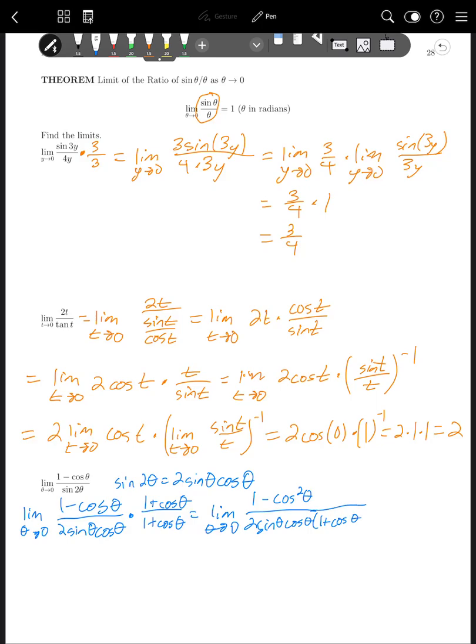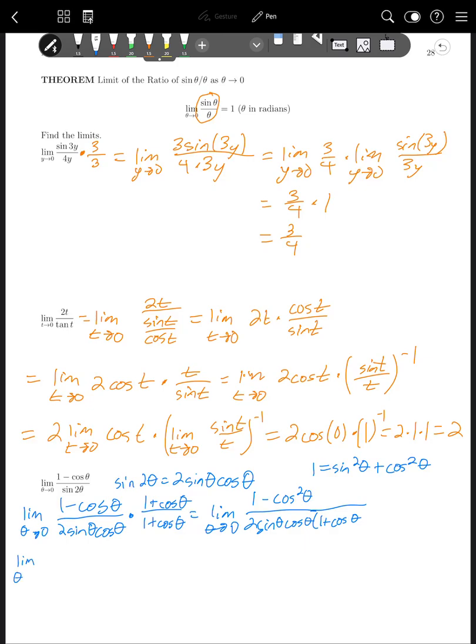And then this function on top is part of this trig identity here, which is 1 equals sine squared theta plus cosine squared theta. So now we can replace 1 minus cosine squared theta with sine squared theta.